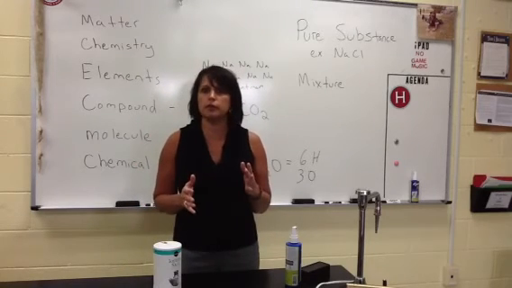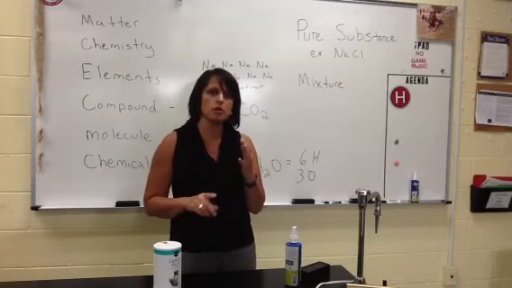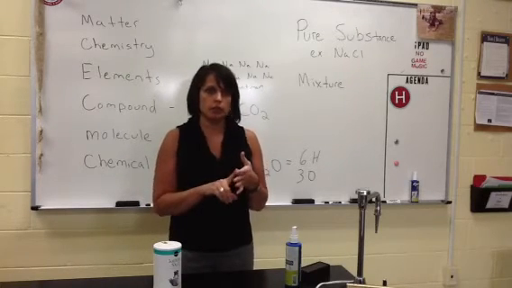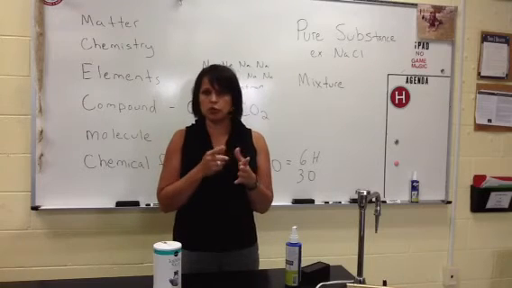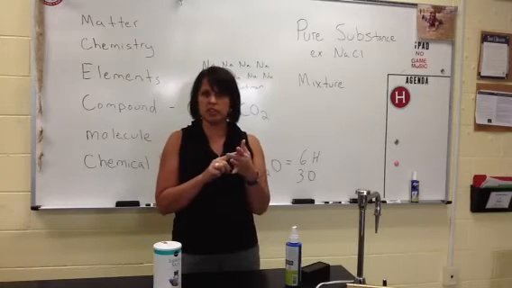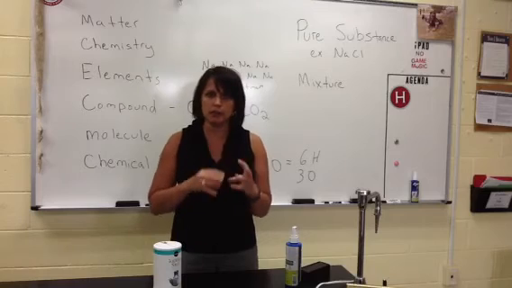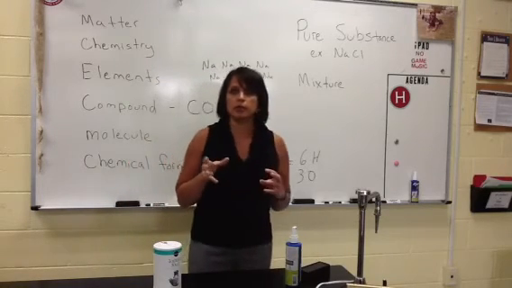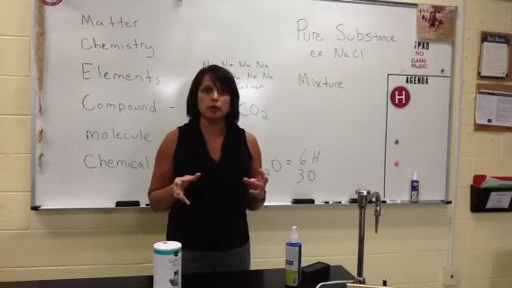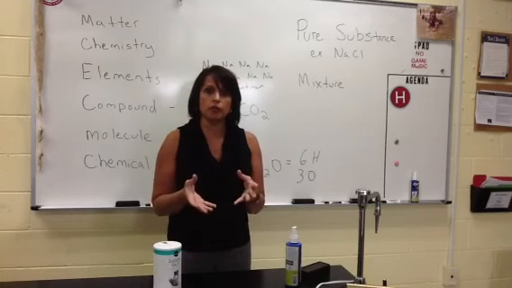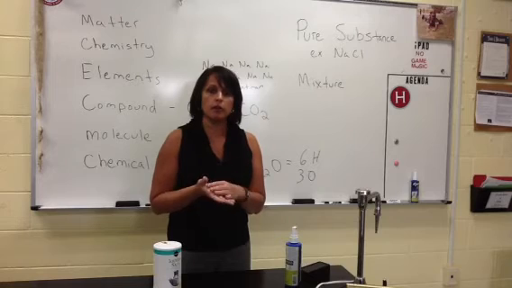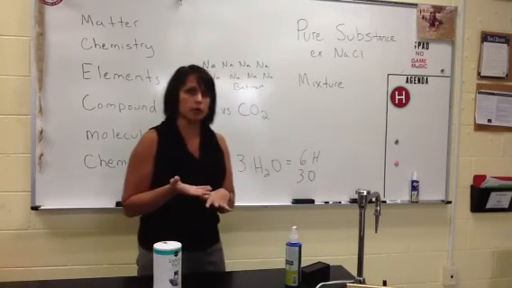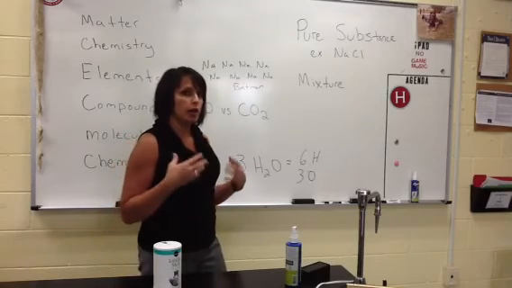Mud is a combination of water, dirt, rocks, leaves, twigs, maybe some dead animal parts, all mixed in together. If we wanted to find out what was in the mud, we could separate that physically by using a filter or by simply leaving it out in the sun and letting the water evaporate out of the mud. So, that is a good example of a mixture.